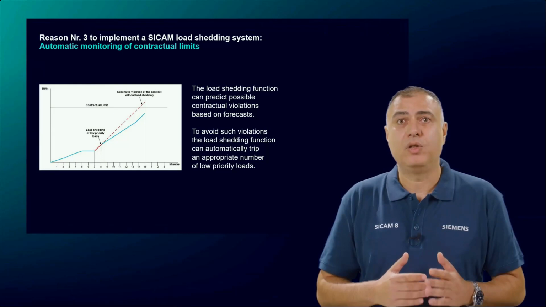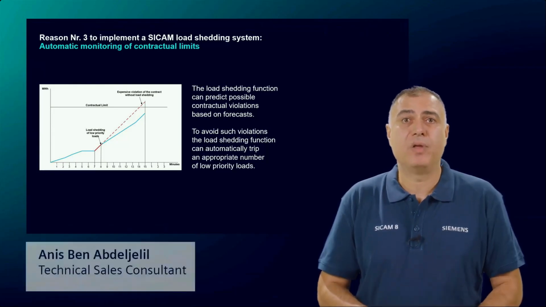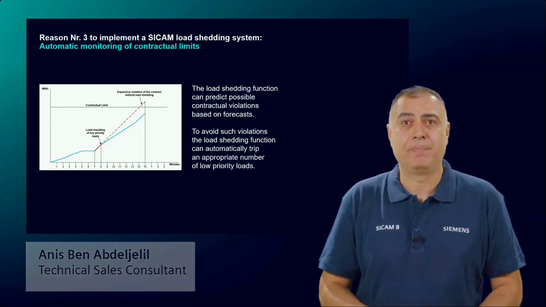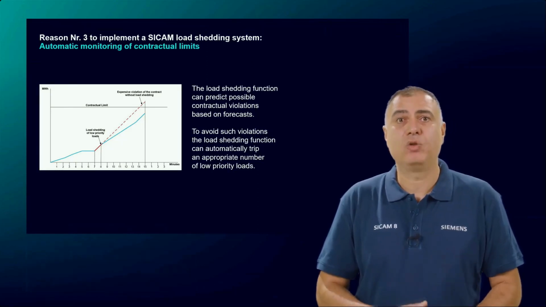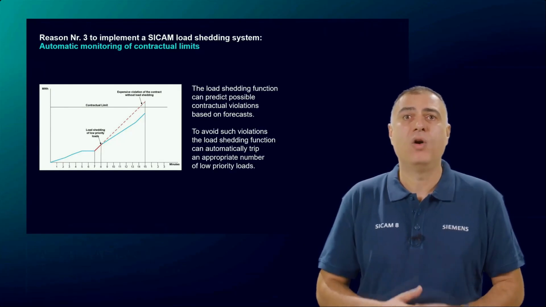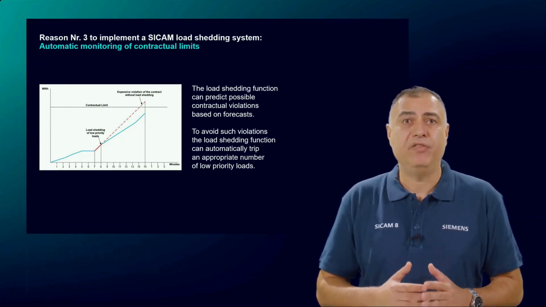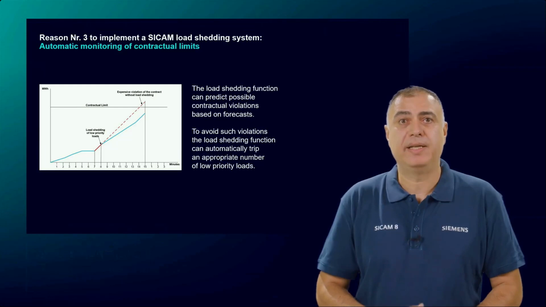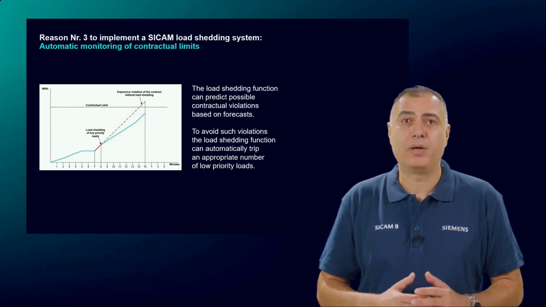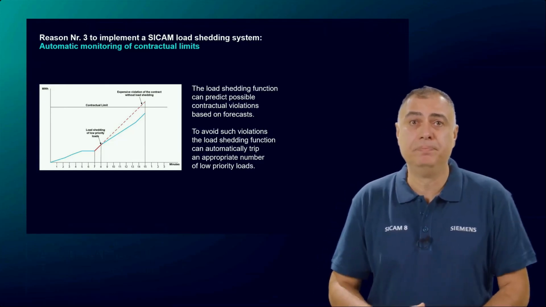In the shown example, the start of the energy monitoring was selected for minute 7. The load shedding system automatically extrapolates the energy consumption of 1 minute. If a violation of the contract is predicted, the load shedding system sheds the necessary number of low priority consumers.